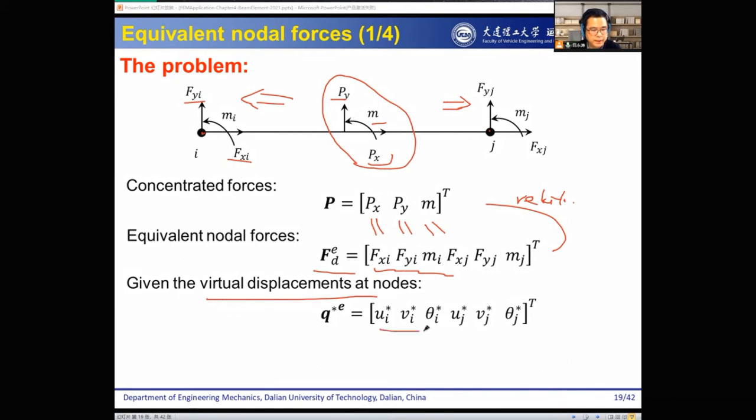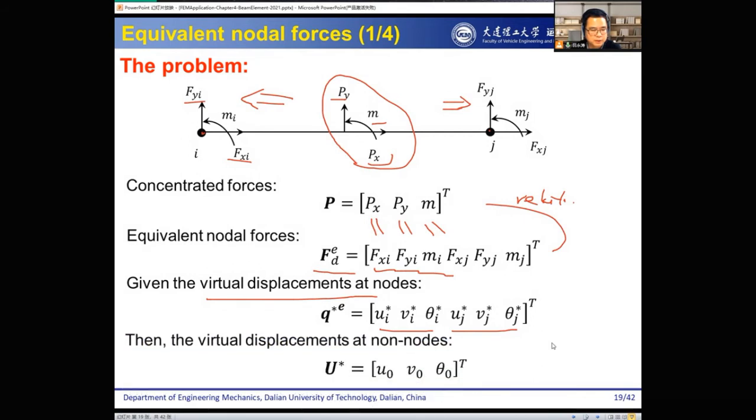This is the virtual displacement at node I, and this is the virtual displacement at node J, and then the virtual displacement will also give the virtual displacement at this point, U0, V0, theta 0.